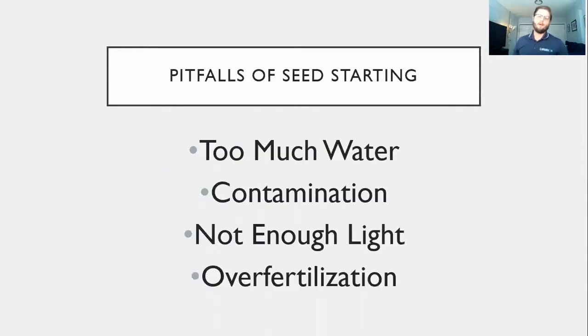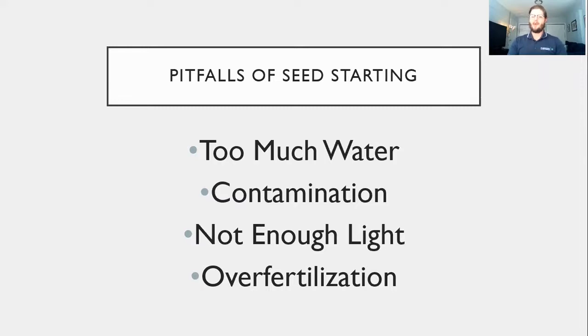So here's a few pitfalls of seed starting, a few common points of failure. I already mentioned this on a previous slide, but whether it's seed starting or gardening or home horticulture in general, too much water is often the failing point. And I think it's just because, if you've reached this point of gardening, maybe you just love your plants too much.